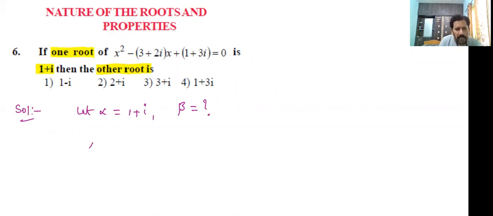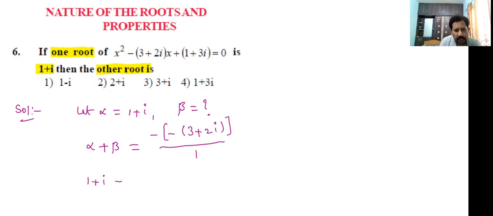Now, by observing the quadratic equation, tell me the sum of the roots. How much? Minus of minus 3 plus 2i, divided by 1. Alpha plus beta, so alpha means 1 plus i plus beta, that's equal to 3 plus 2i.